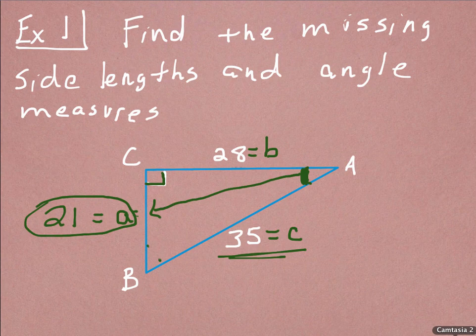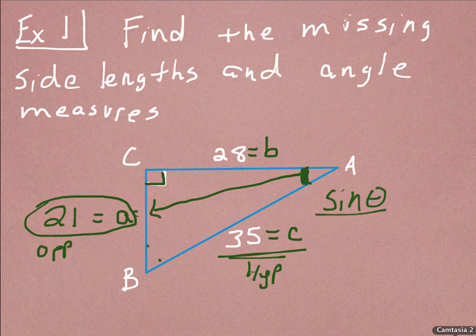So if I have the opposite and the hypotenuse, I'm going to use my sine ratio. Sine theta over 1. Now this one's going to work out a little bit different here. We don't have an angle measure. Opposite over hypotenuse. There's not much to really cross multiply here.